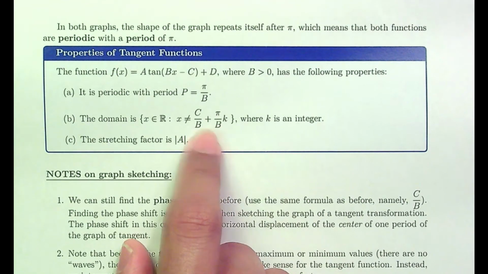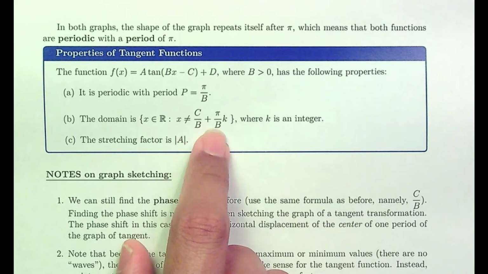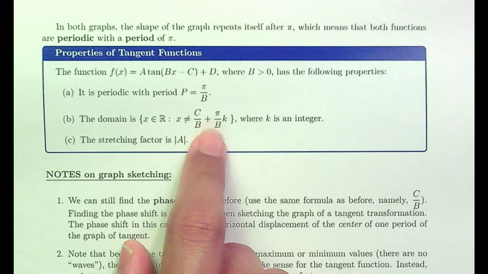That's because these are the numbers for which the cosine is 0, and if the cosine is 0, the tangent is not defined, because tangent is sine over cosine.